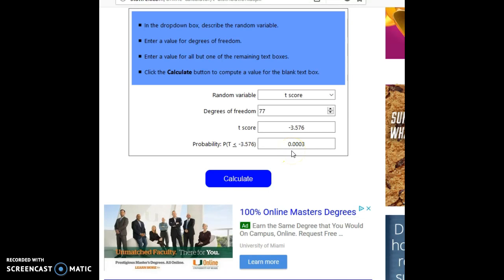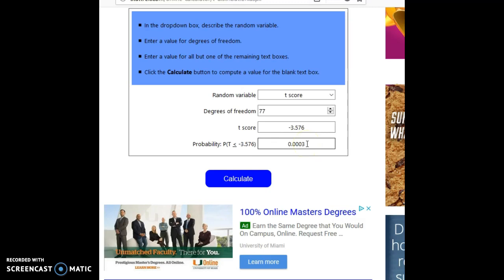And there's the p-value, 0.0003. Now, since this one was a two-tailed test, for a two-tailed test, we have to double the p-value. So this really would end up being 0.0006. For a one-tailed less than, our p-value will be what we get right here.